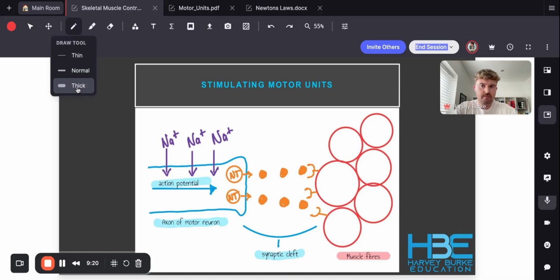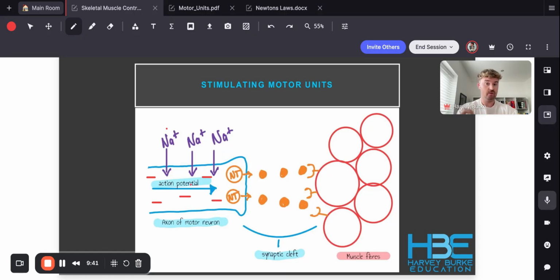As I just mentioned earlier, normally inside the neuron, there's this really negative charge. And this negative charge inside the neuron needs to become more positive in order for the neuron to fire.